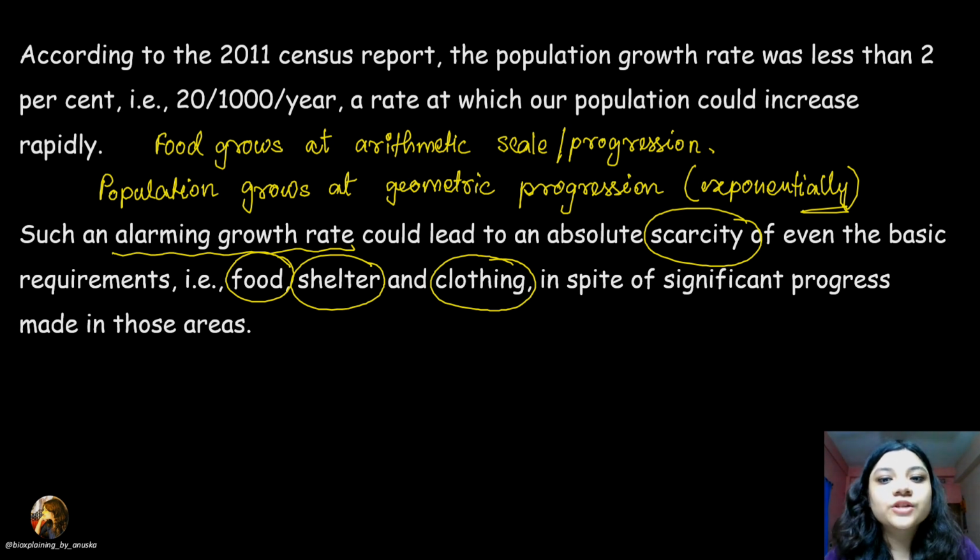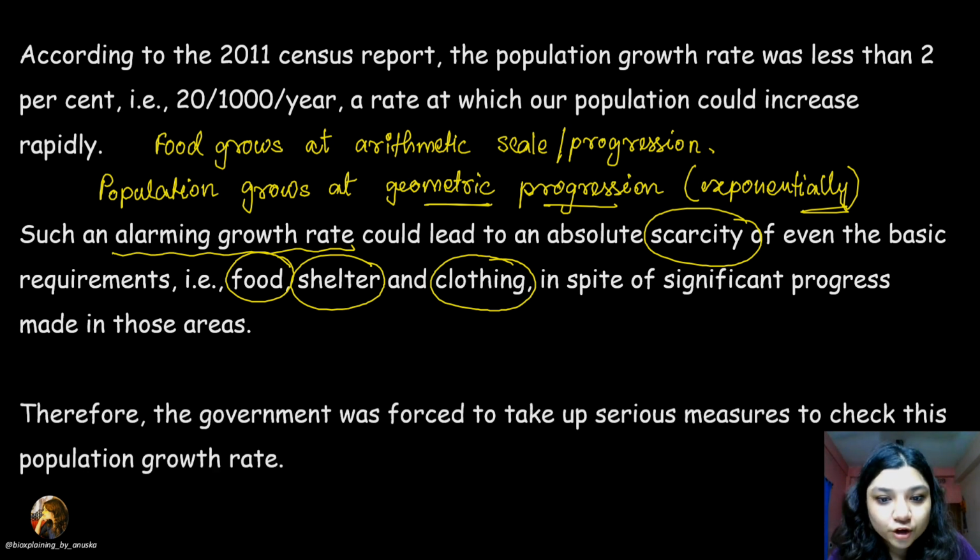So population grows in geometric progression. So however much you enhance food, however much you prepare the living conditions of land, there is always a chance that population will outgrow it. Okay? So therefore, the government was forced to take up serious measures to check this population growth rate.